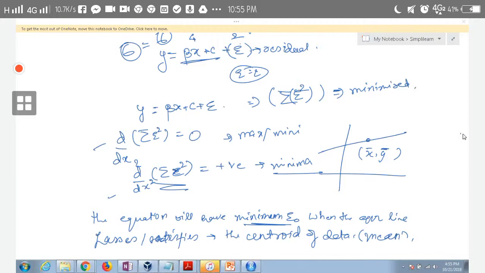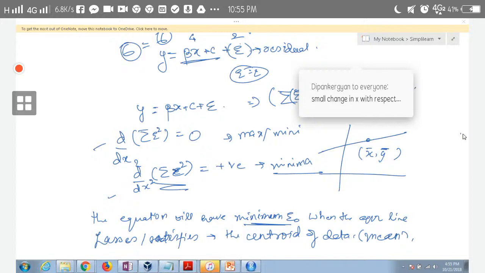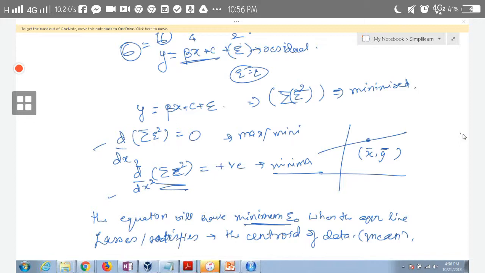You prepare food and maybe you're not able to eat the entire food. You leave some, right? From next time, I'll prepare food which is just sufficient for me or for the family, or you have to find someone who eats voraciously in your family. A small change in y with respect to change in x is dy by dx.